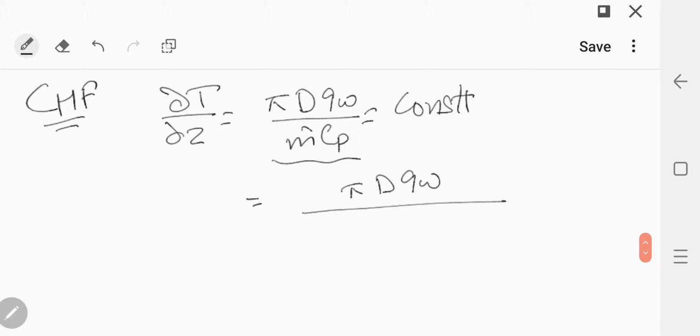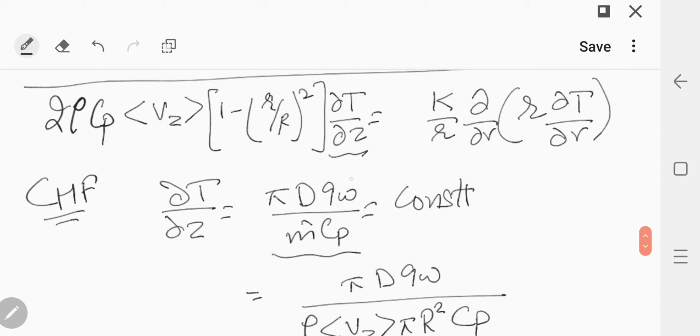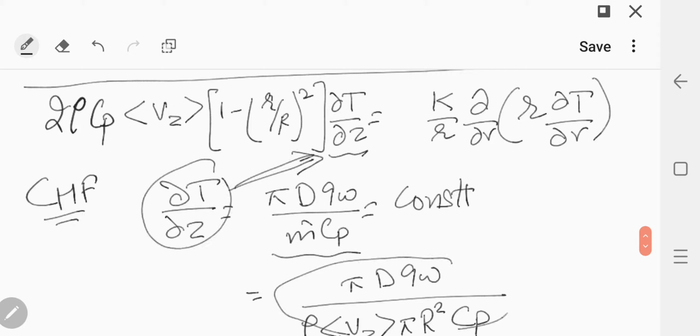Mass flow rate is basically your volumetric flow rate into density, and volumetric flow rate is your average velocity into the cross sectional area. So mass flow rate will be replaced by density into average velocity into area into Cp. Now simply substitute the value of dT by dz, that is this thing, over here, in terms of this thing.